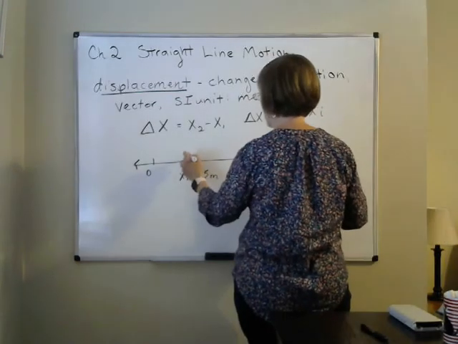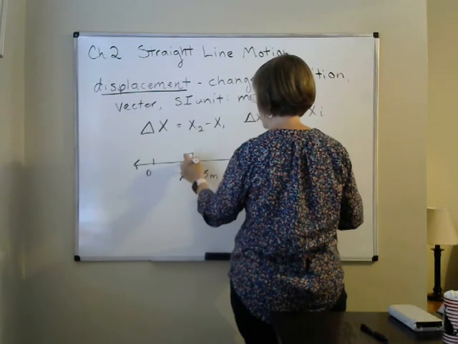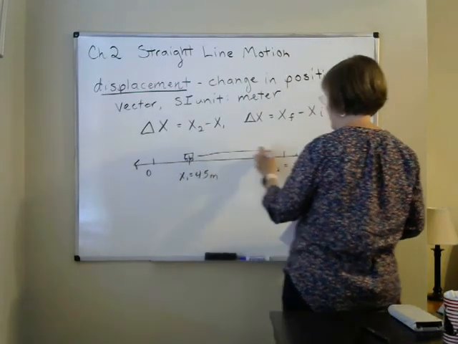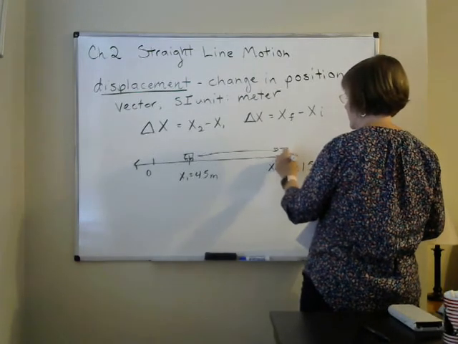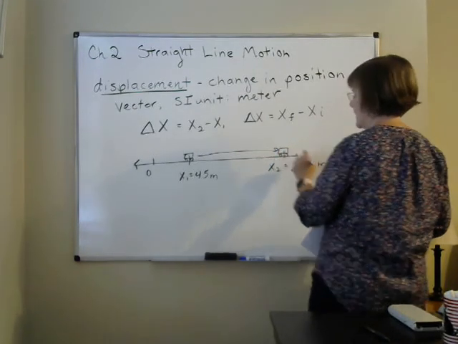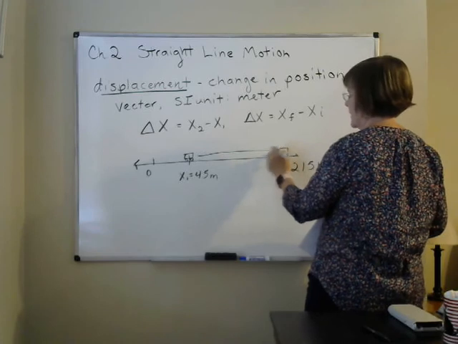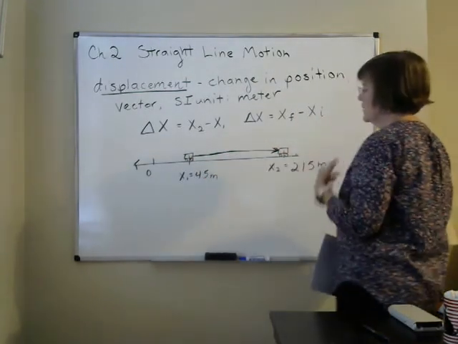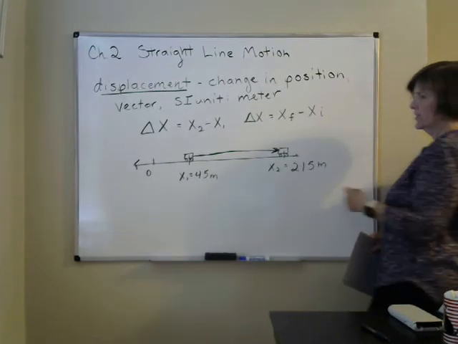Here's a little car. I don't draw good cars, so we'll look at a car. It was here at some point. Later on, at a different time, it was here. Notice if I draw the arrow from where it was to where it ended up, you can see the displacement vector.